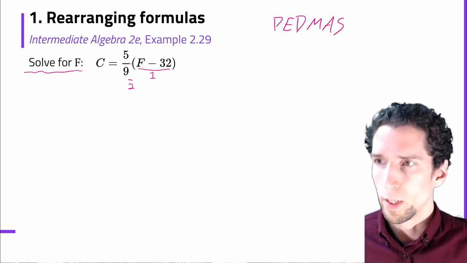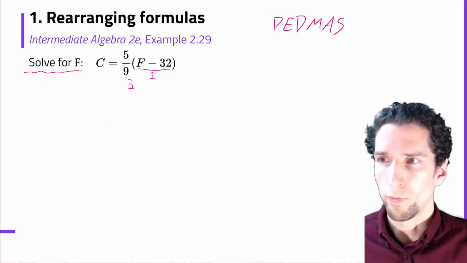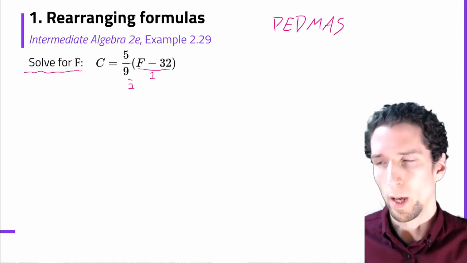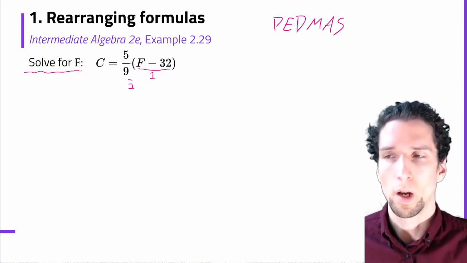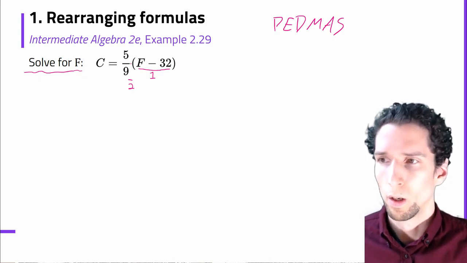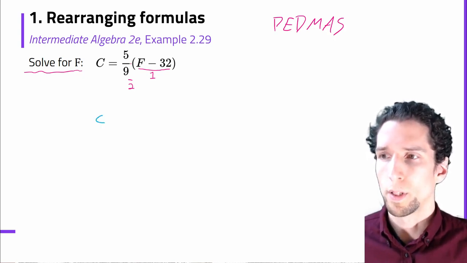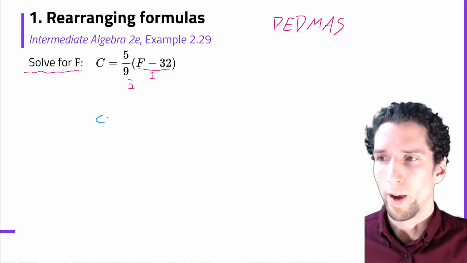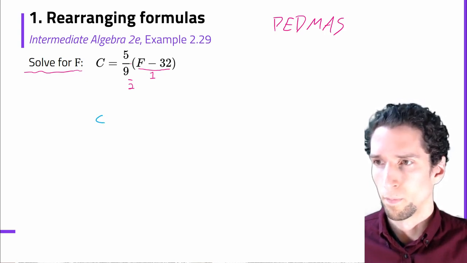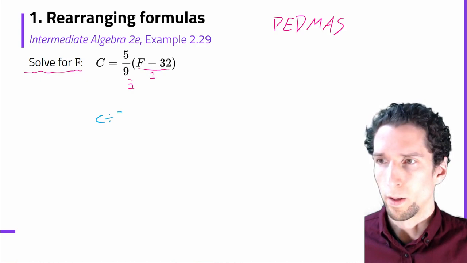Okay, so our first line here is C equals 5/9 times F minus 32, and we want the 5/9 to be on the other side, so we need to do the opposite operation. We should be dividing by 5/9.